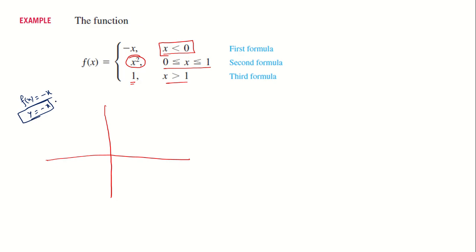The domain is x less than 0, so the first function will lie here. For x equals 1 we will have negative 1 for y, and for x equals 2, negative 2.